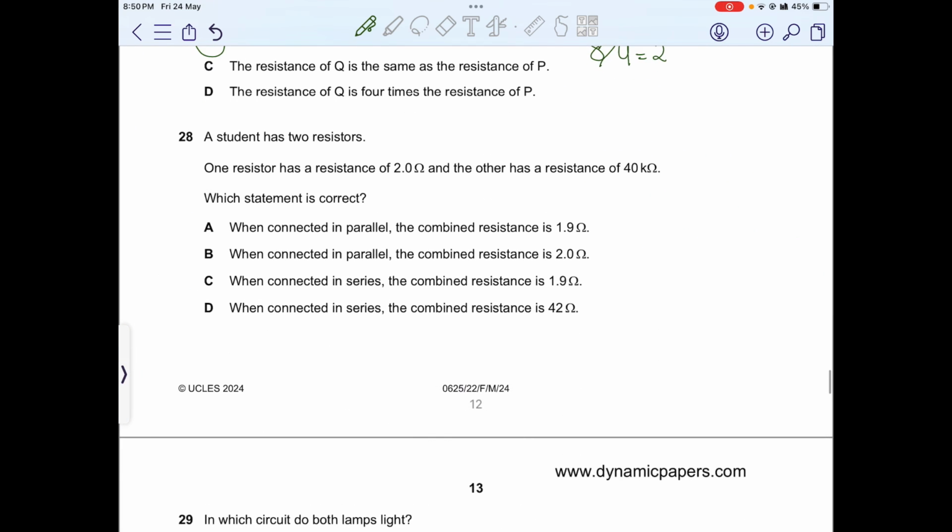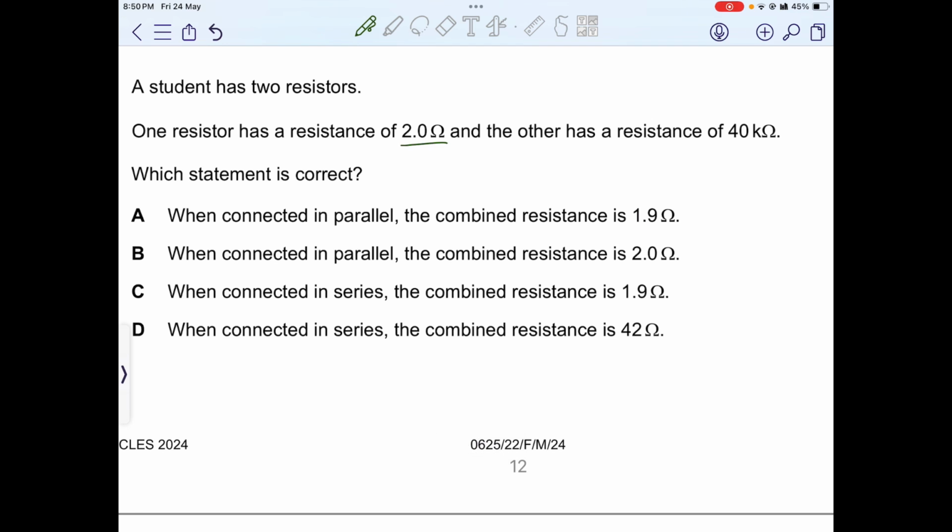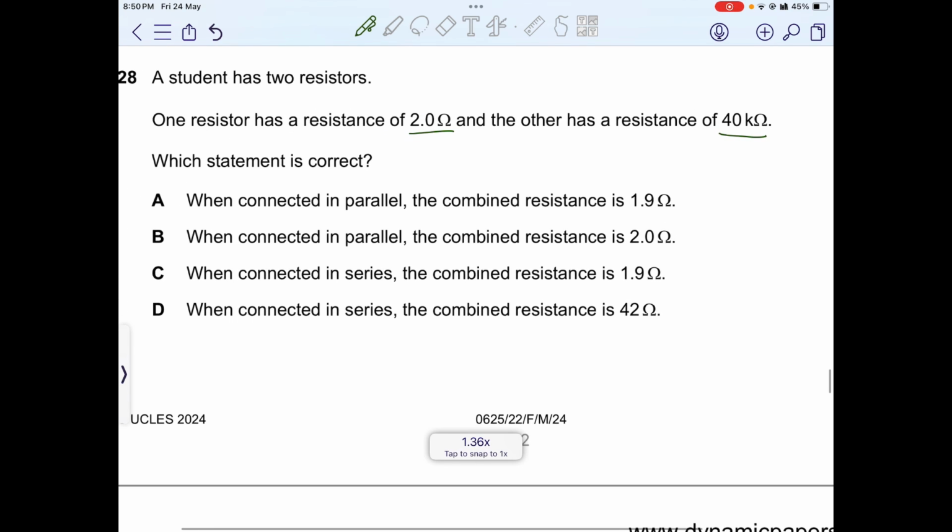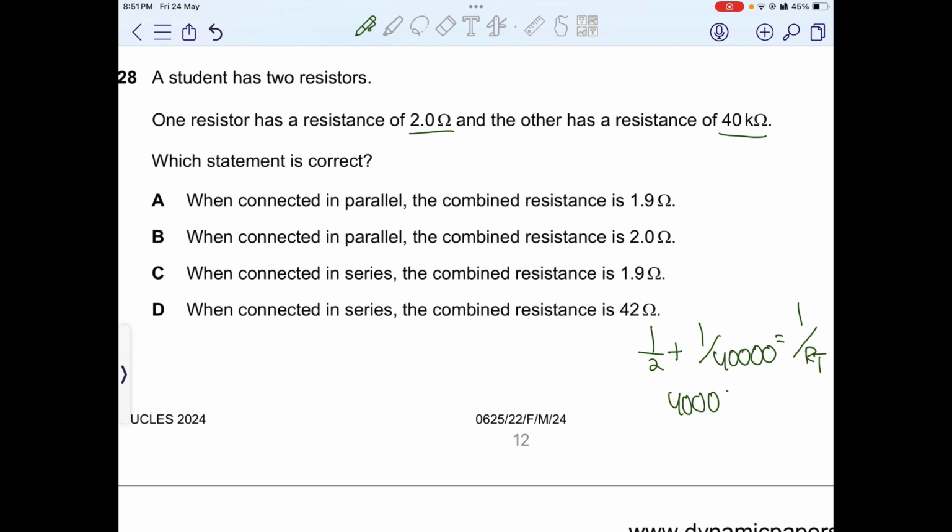A student has two resistors. One has a resistance of 2 ohms, another has 40,000 ohms. What is correct? Now we need to calculate the resistance in parallel. 1 over 2 plus 1 over 40,000 equals 1 over the total resistance, which can be simplified to 40,000 times 2 over 40,000 plus 2, because this is just an easier formula to work it out.